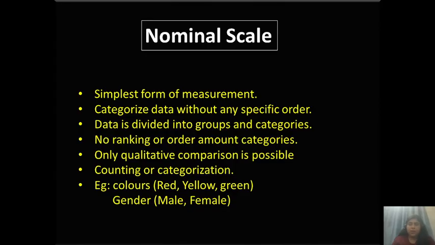If you didn't check out that lecture, then go, it's lecture number 3. Nominal scale, as suggested by the nominal data type, is the simplest form of measurement. It can only put data in categories, and those categories do not have any rank or order. So, what you can do using a nominal scale is you can either count or you can categorize.